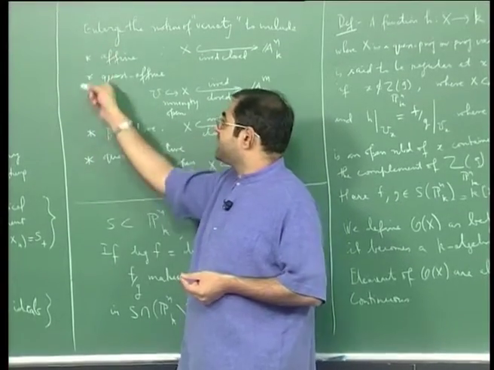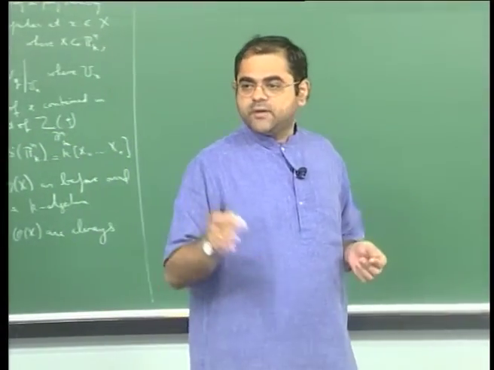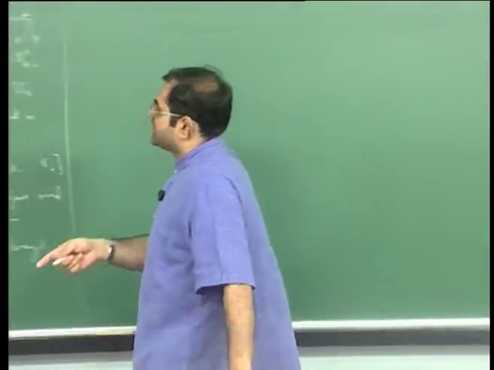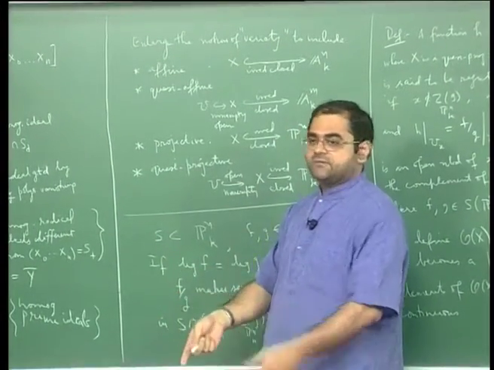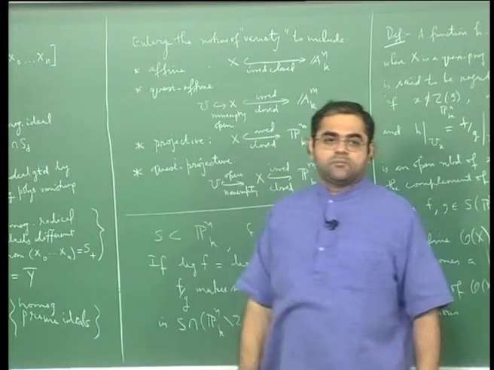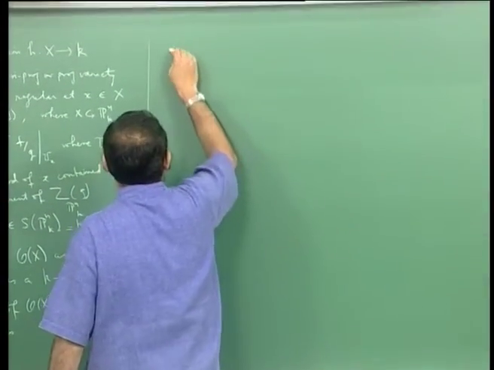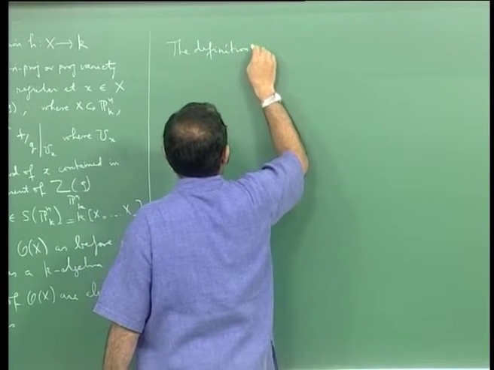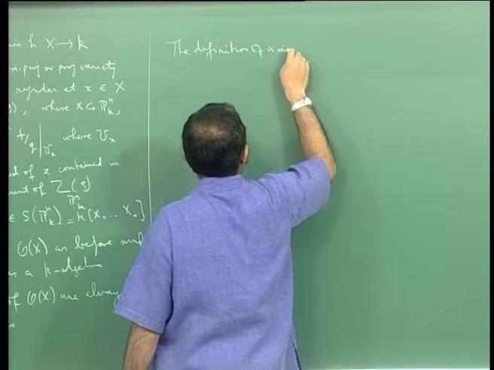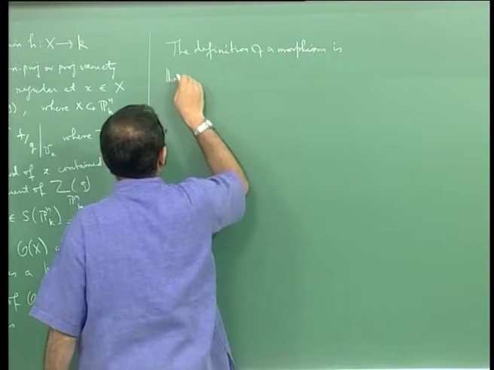You are not only considering affine or quasi affine varieties, you are also considering projective or quasi projective varieties. So you can think of a morphism from an affine, quasi affine, projective or quasi projective variety into another variety, which is again one of these four types. So the definition of a morphism is the same as before.